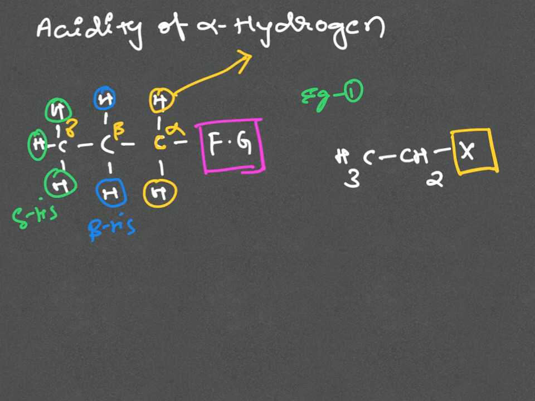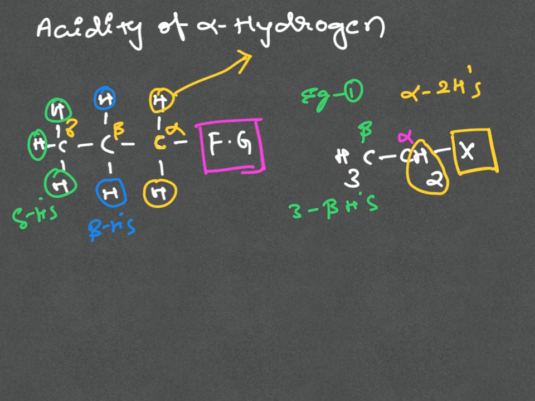The carbon atom which is directly attached to the X, we call it as alpha carbon atom. And the hydrogens which are present on the alpha carbon, we call it as alpha hydrogen. Here how many alpha hydrogens we have? 2 hydrogens. And next carbon we call it as beta carbon. Here we have 3 beta hydrogens.